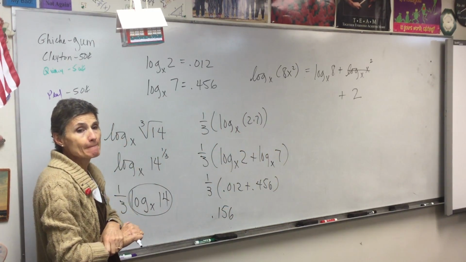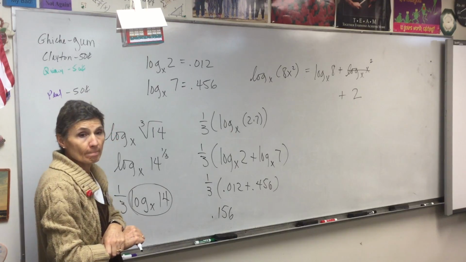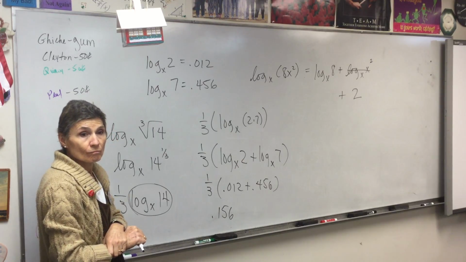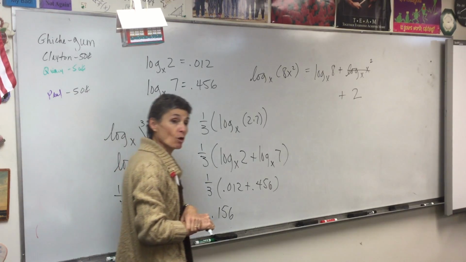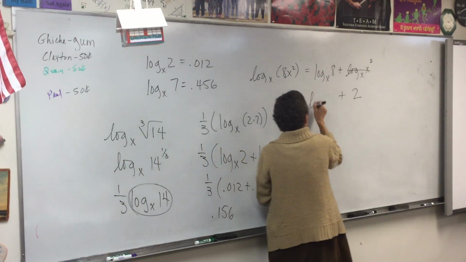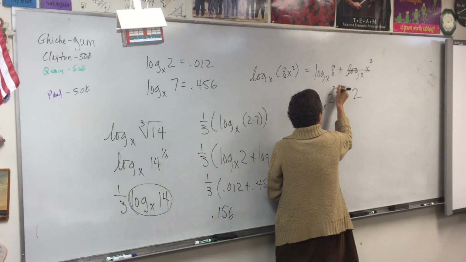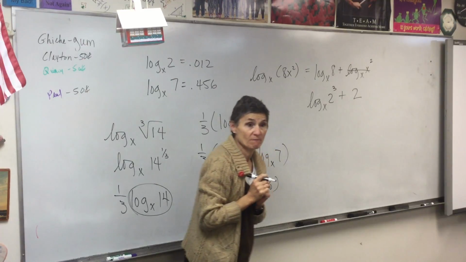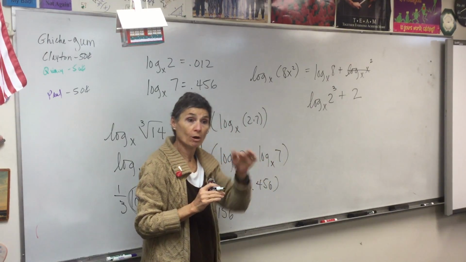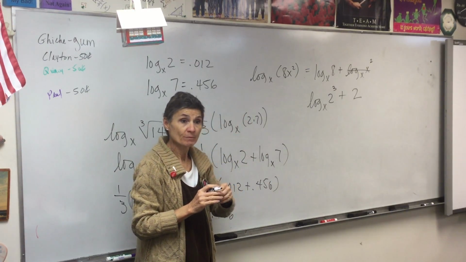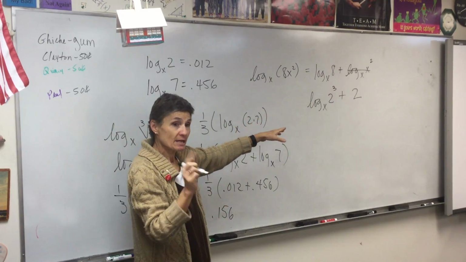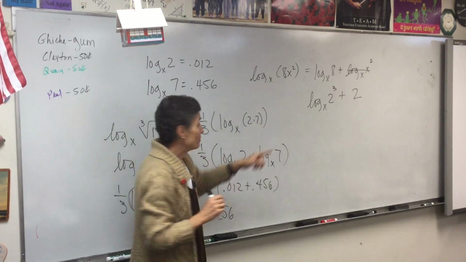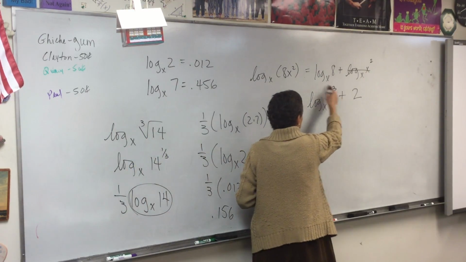Mallory? Log of 8 could go to 2 to the 3rd. Okay. So 8 you can think of as either 2 cubed, which is the most efficient way to think about it, or 2 times 2 times 2. If you think about it as 2 cubed, then what are you going to do with that 3?